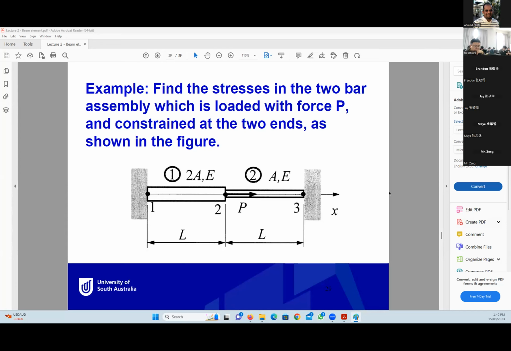Member 2 will be under compression because the force B is pushing node 2. So our calculations are logical because member 1 is under tension and member 2 is under compression. This is just a check that what we are doing is correct, and hopefully you understand what I have explained in this example.